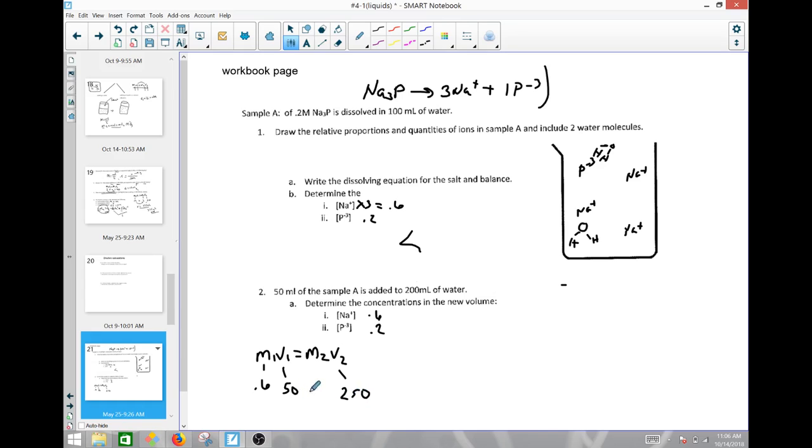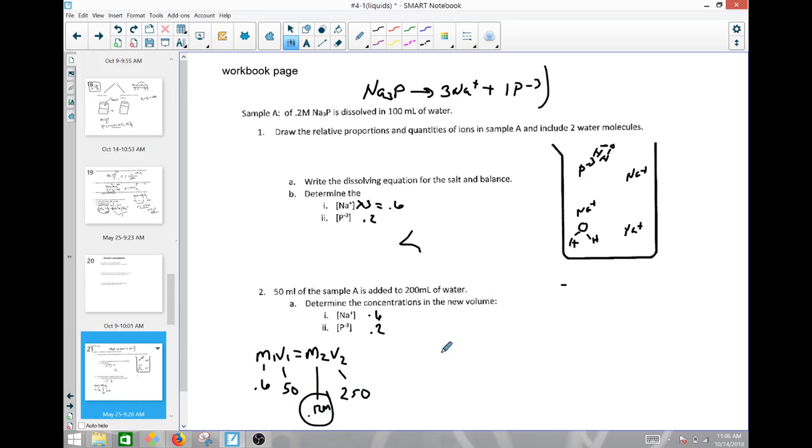My volume is increasing 5 times. It should decrease in concentration 5 times. There we go, solve out. And 0.6 times 50 divided by 250 is 0.12. 0.12 is that concentration.